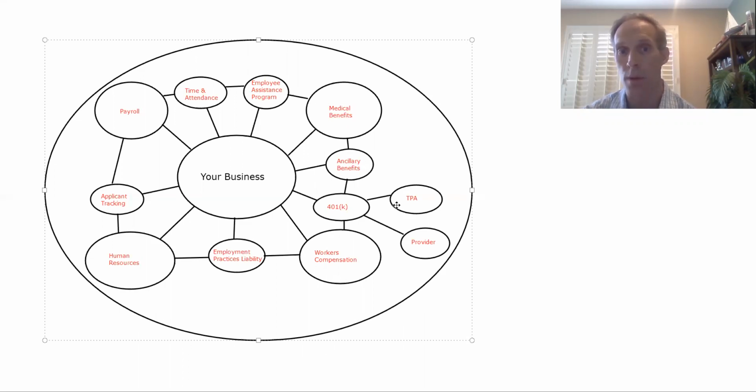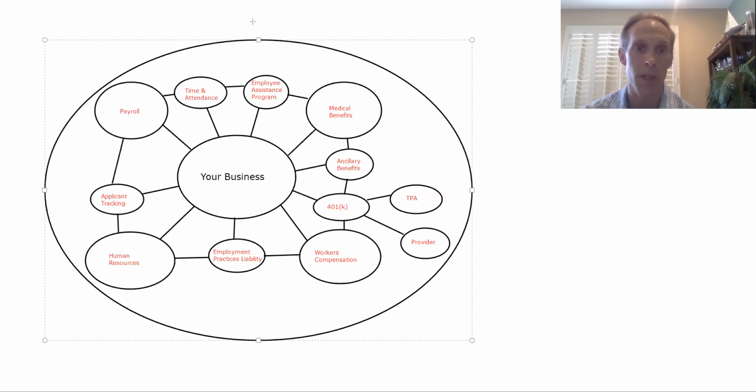All these things are a liability or a landmine, some bigger than others depending on the business, but they all have liability exposures associated with them. And the PEO, again, provides this layer of insulation around all of them.